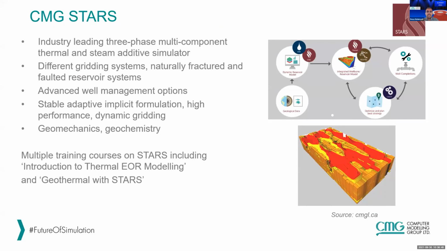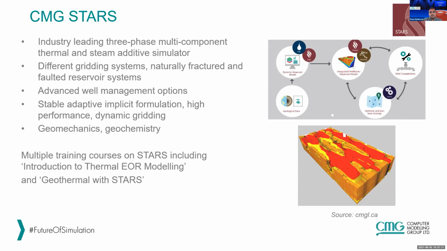In CMG, such systems could be modeled using our thermal compositional simulator that we call STARS. It's pseudo-compositional because it's not using the equation of state; it's using the K-value table in order to partition the components into different phases.